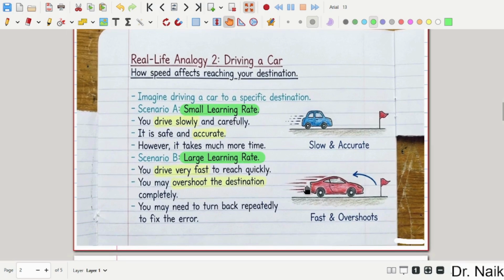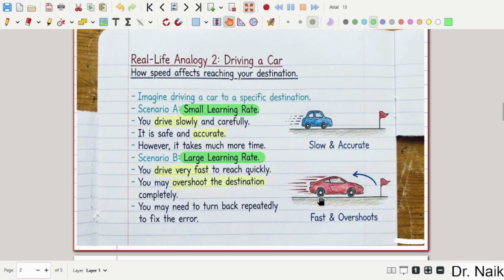Imagine that you are driving a car to a specific destination. Consider scenario 1, a small learning rate, that is, you drive slowly and carefully. It is safe and accurate, but it takes much more time to reach the destination.